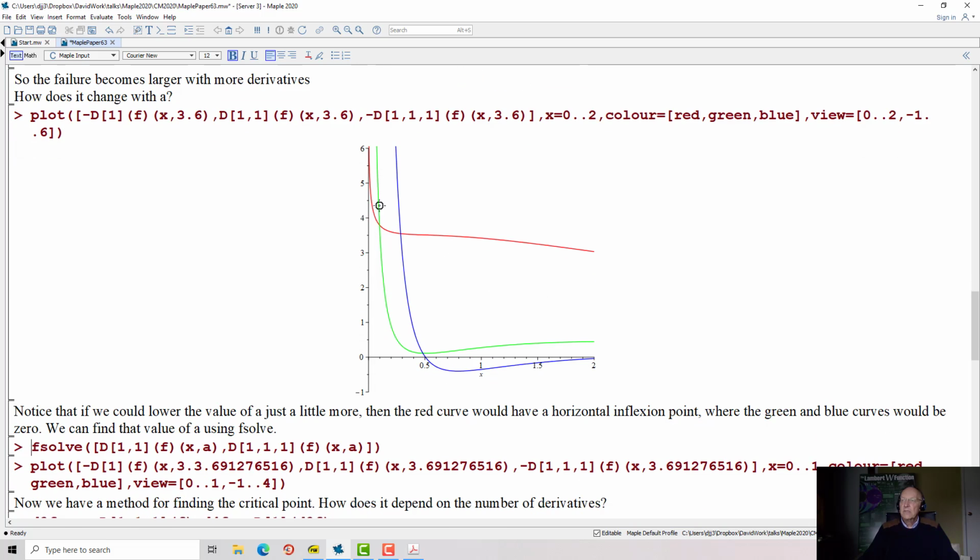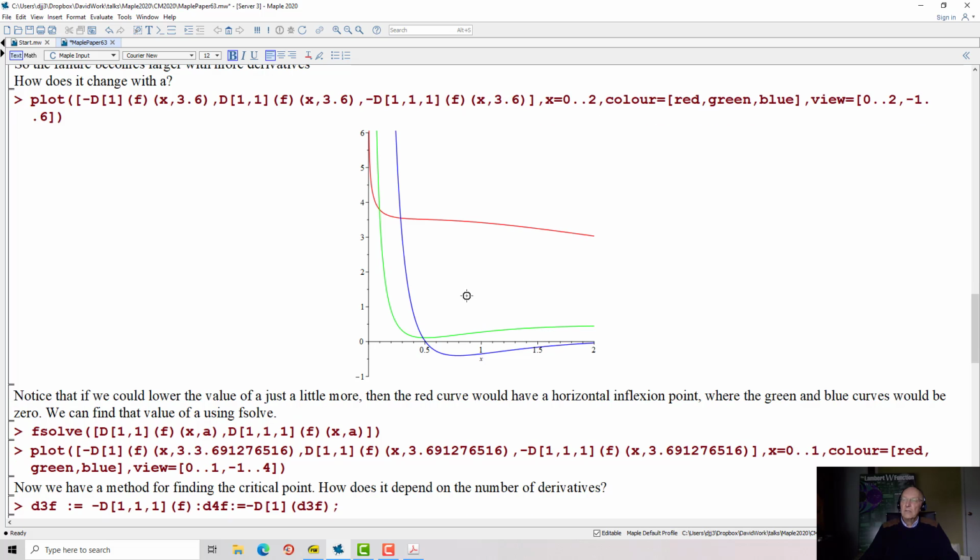We notice that the second derivative, which previously at a equals 4 dipped below the axis, is now just a little bit above it, and the third derivative is now the one showing the more marked departure from monotonicity, also becoming negative.